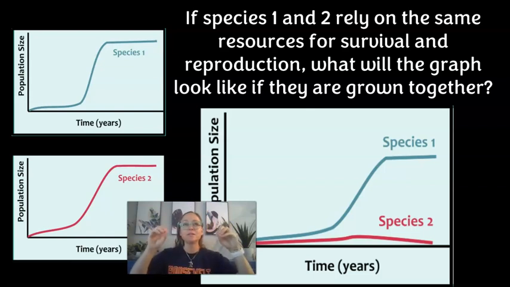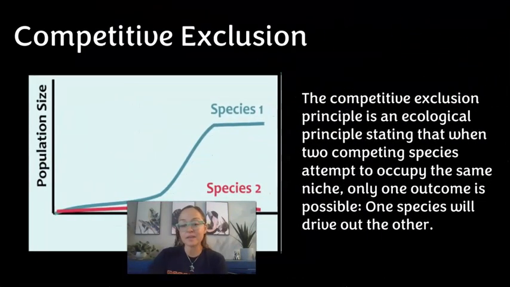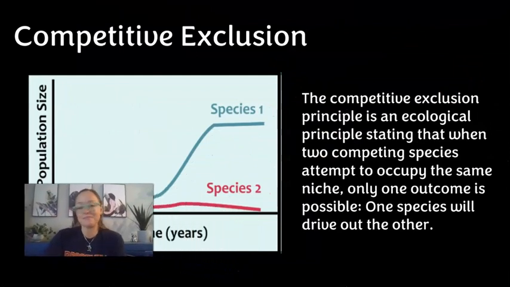If you have two different species trying to use every aspect of their ecological niche at the same time, one of them is going to be a better competitor and will outcompete the other. And so this is what we call the competitive exclusion principle. The competitive exclusion principle is an ecological principle stating that when two species attempt to occupy the same niche, only one outcome is possible. One species will drive the other out.